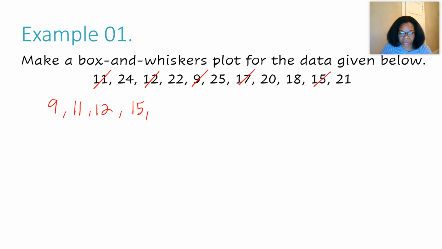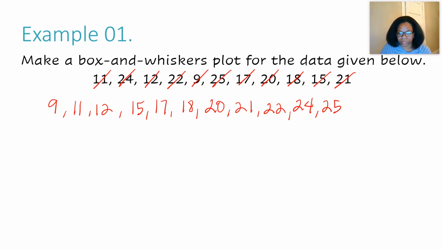And my next smallest number looks like it's this 17. The next I see is 18. And then 20. 21 is next. 22 is next. 24 is next. And 25 is next.